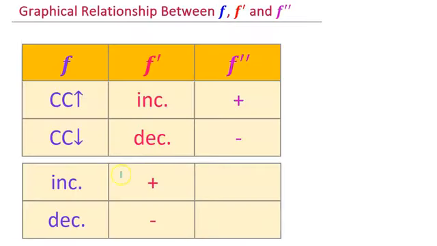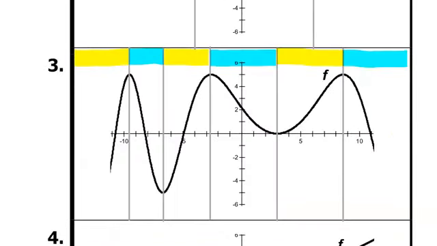But remember, wherever function f is increasing, f prime is positive. Where it's decreasing, f prime is negative. So f prime should be positive in these intervals, and it should be negative in these intervals.